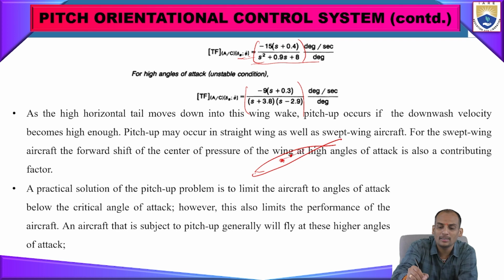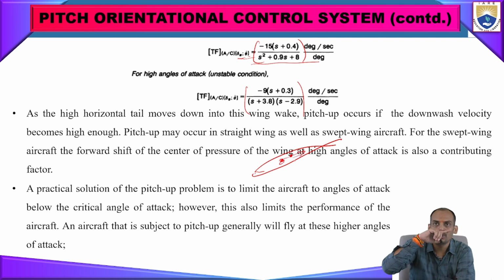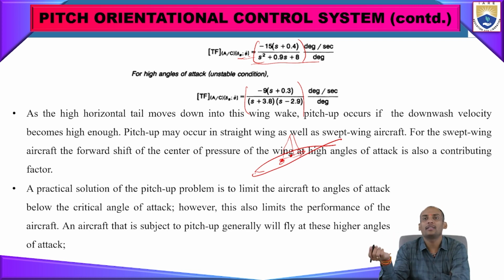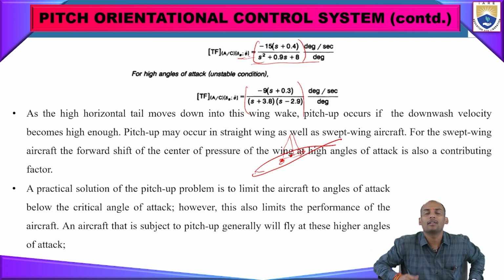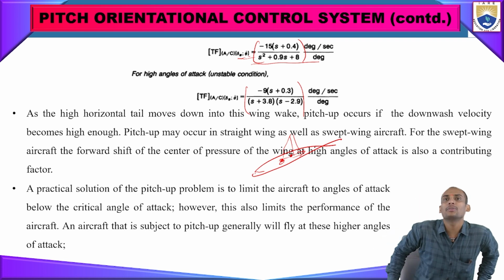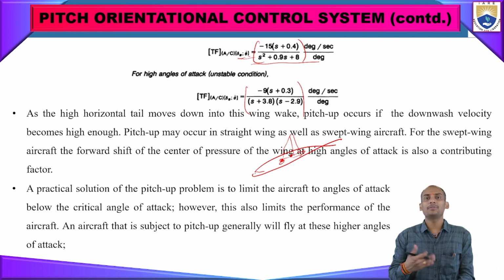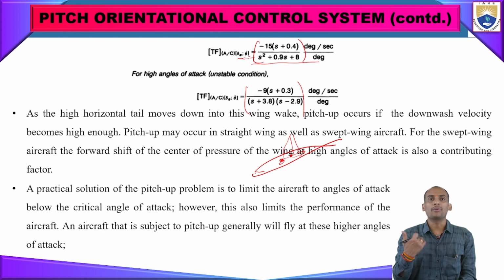The aerodynamic center will be moving to and fro. Whenever the lift force acting point moves, the aerodynamic center also will move. So due to the swept wing aerodynamic center motion, it also gives an unstable condition for setting up the control system.